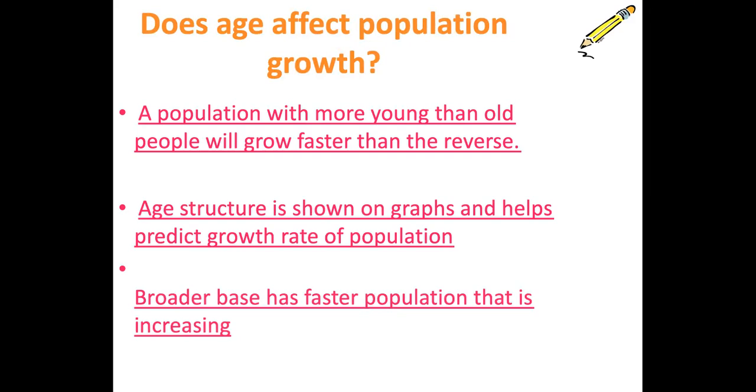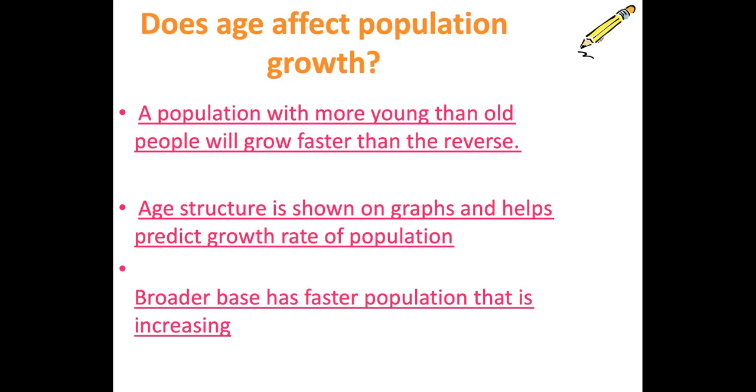And this is where we're going to get into some graphing. A population with more young than old people will grow faster than the opposite. If there is a population with more old people than young people, it's going to be the reverse. Does that make sense? Correct.